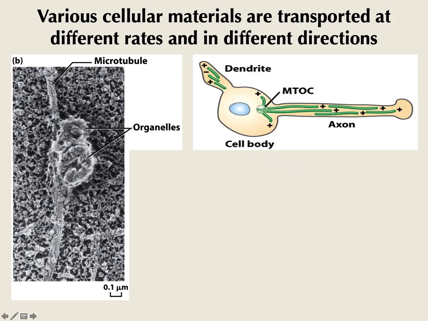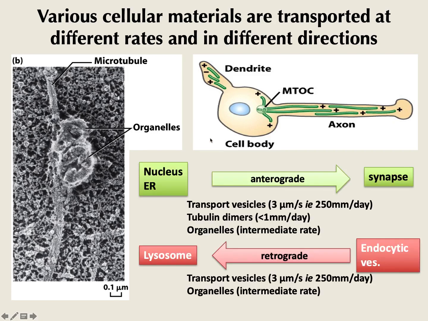In still form, you have organelles. I don't know what this particular one is, but in other words, you can have relatively big cargoes moving all the way to the tip of the axon on these microtubule tracks. And that's called anterograde movement. It's very analogous to the anterograde versus retrograde we talked about in the secretory pathway.